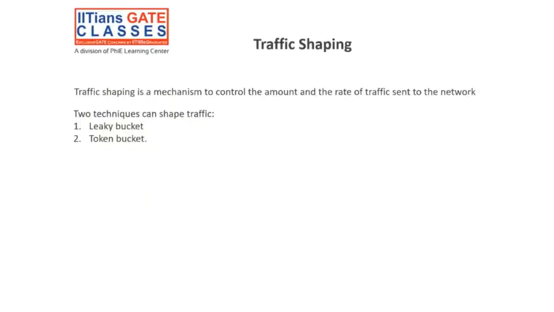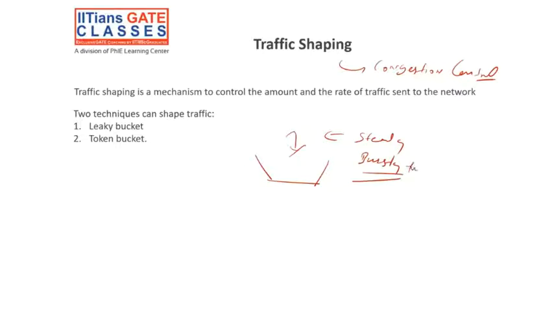So now the traffic shaping technique. This technique helps with congestion control. What is the meaning of the traffic shaping technique? Here you have one bucket. So here data is coming, right? That data can be in a steady form or a bursty form. Steady form means, see, this is your graph.